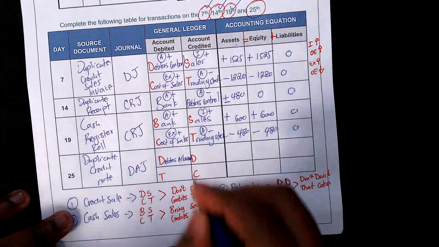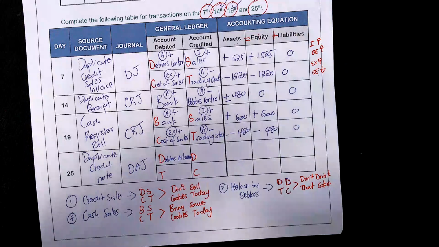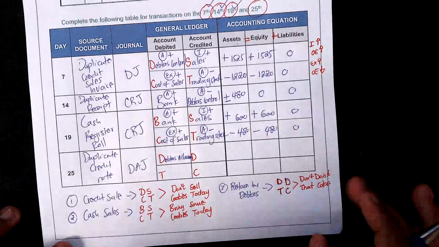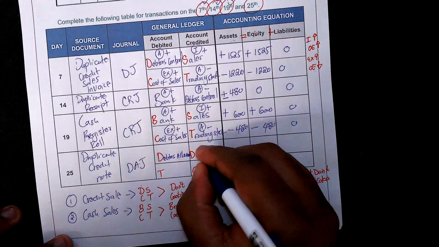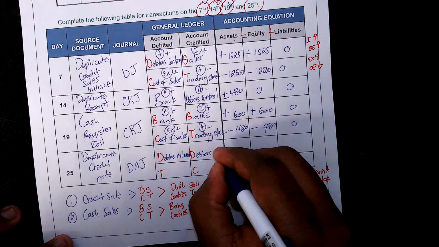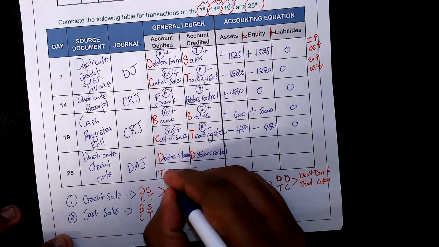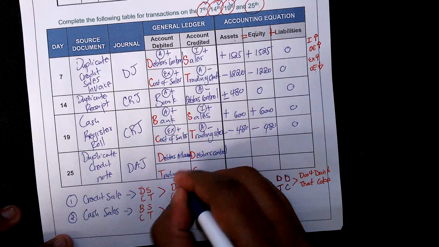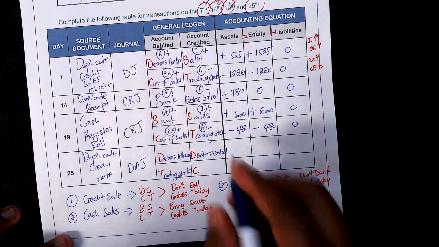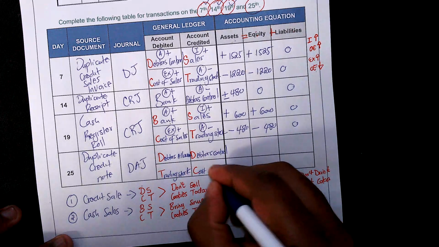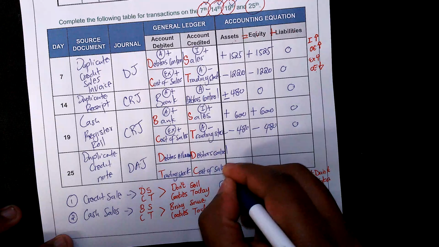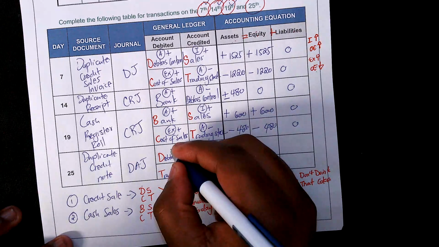Debtors allowance is the account that records all the returns from debtors. And then debtors control. Remember, debtor is returning the goods, so debtors control should be there. And then trading stock, but this time trading stock is on the debit side, and then cost of sales is on the credit side.